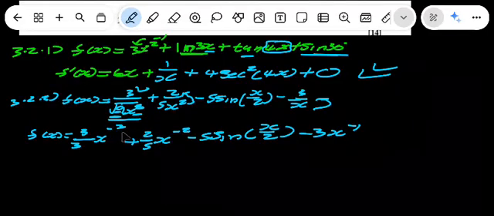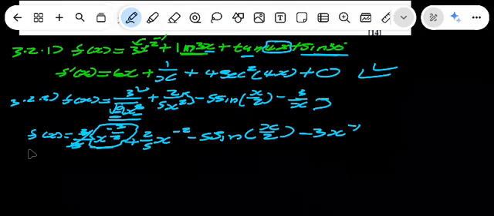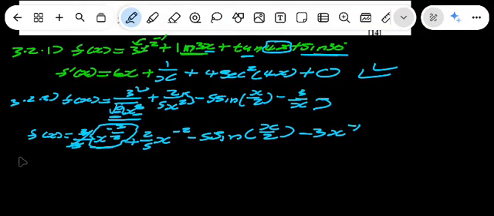But remember, this is 3 and 3, which means this will cancel. We'll simply be left with this term alone. Let me write it accurately so that you will see.